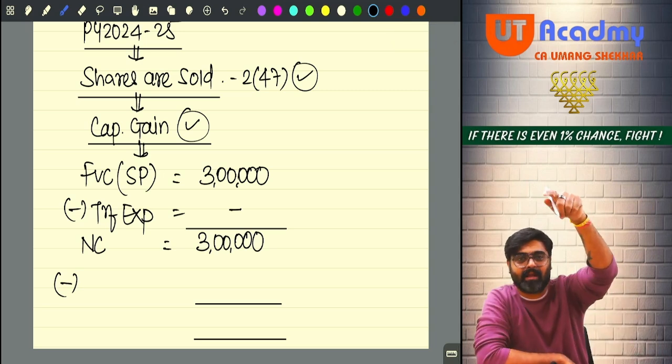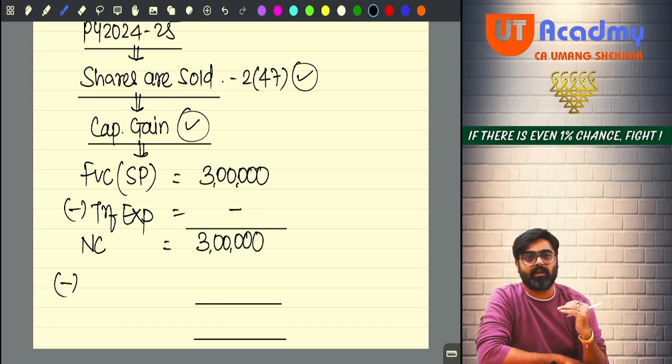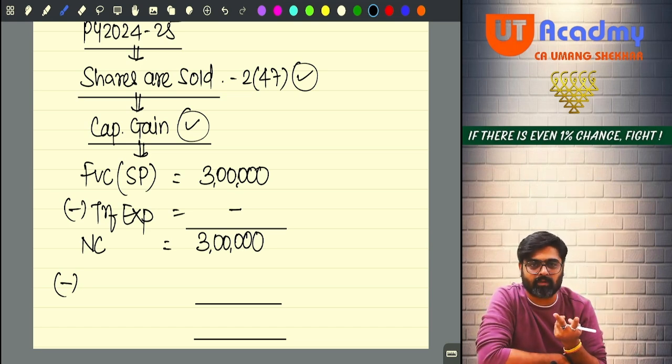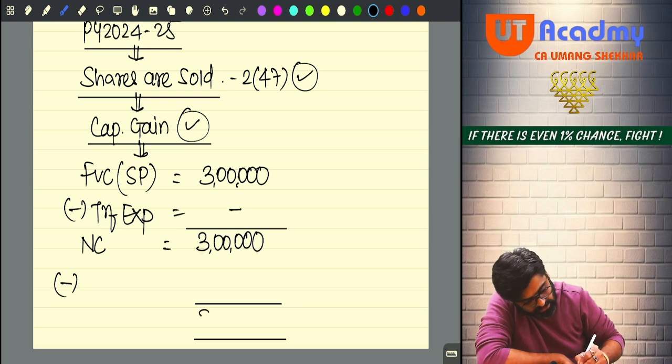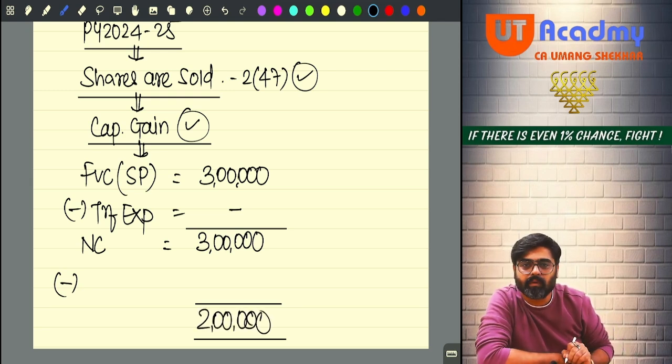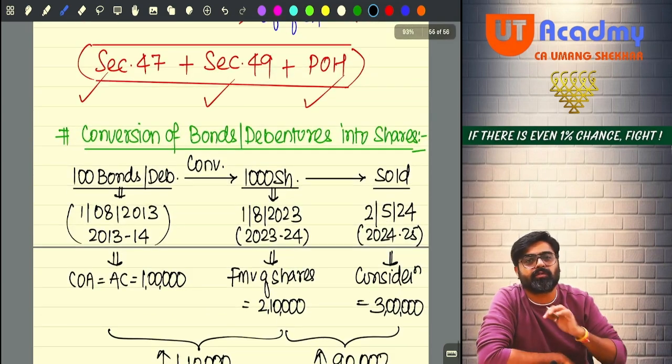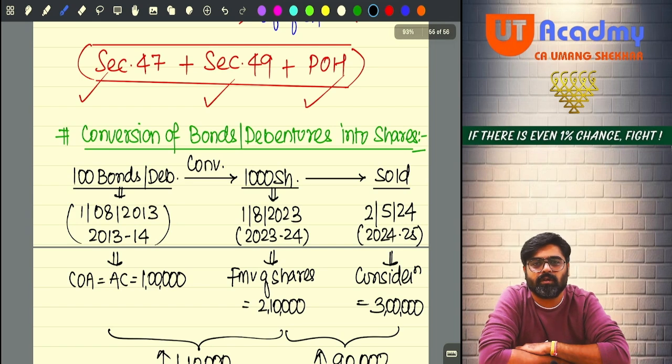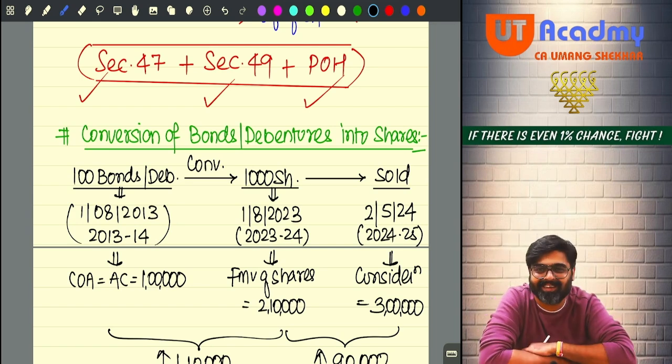In that 3 lakh, whatever total gain you are realizing is 2 lakhs only. So that entire 2 lakh shall be taxable for you. Don't you think to tax this 2 lakhs, the cost of shares which you will reduce cannot be 2,10,000, it has to be 1 lakh only.